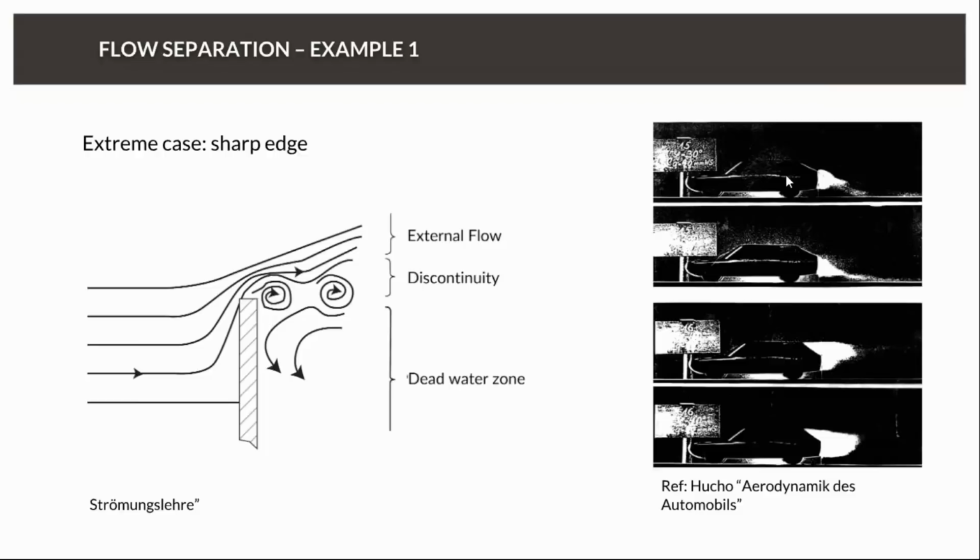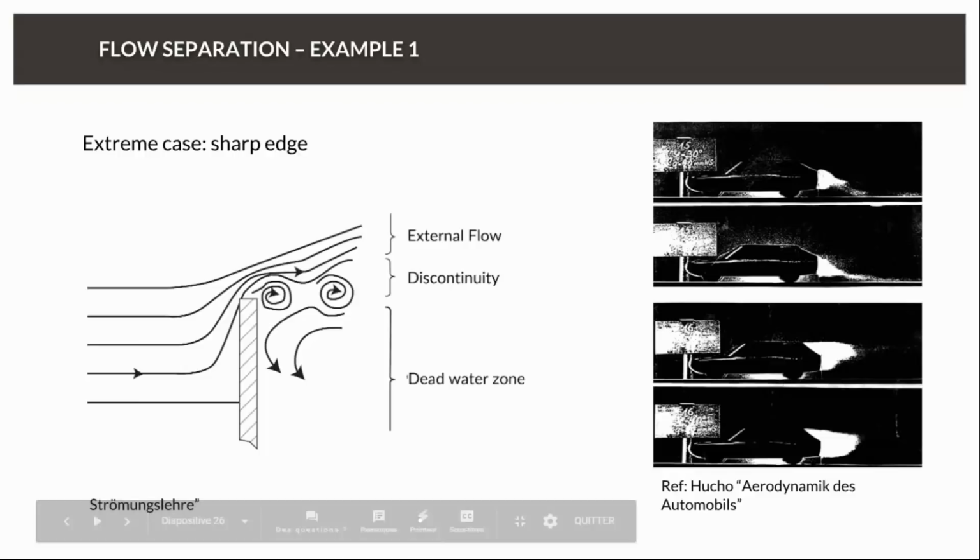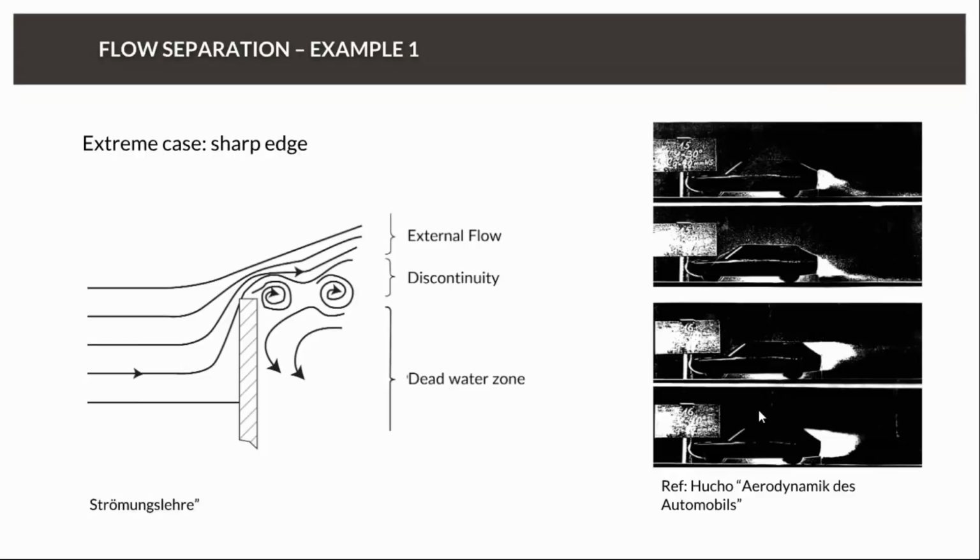For cars that have a shallow angle, you don't need a wiper in case of rain. But when you start to increase the angle of the back of the car, there comes a moment where the flow separates and it's completely low suction, so no air is flowing around the glass and the screen, and so you need wipers in this case. So it is really separation depending on the pressure gradient.